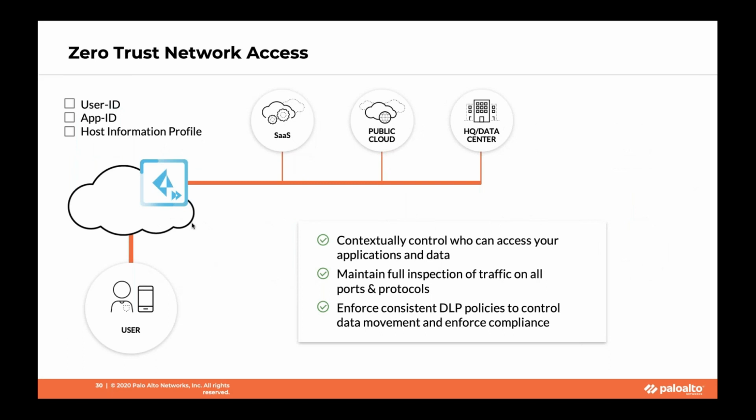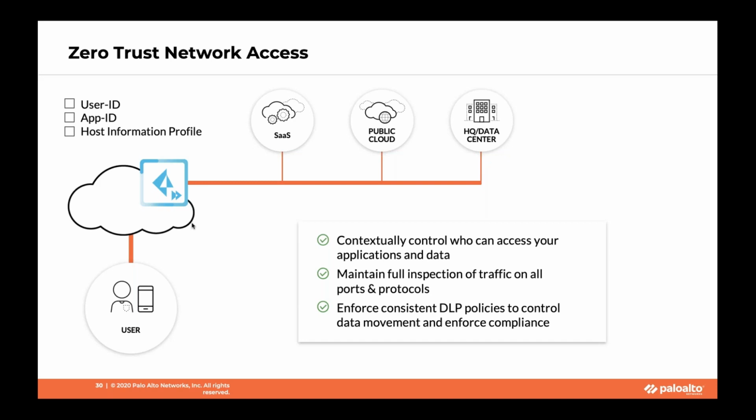And as we have the same features of the next generation firewall, because it is the next generation firewall, of course, we have User-ID, we have App-ID, we even have HIP. HIP is normally a paid feature of Global Protect on the hardware firewalls, but it is included in Prisma Access.